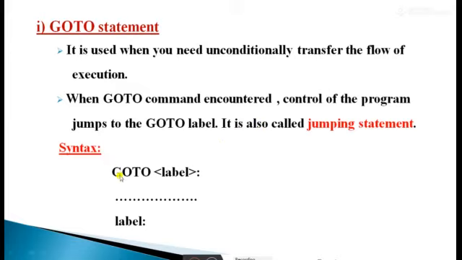I will explain. GOTO, then label. The label may be a letter or word, or it may be a number. In between the GOTO label and the label we can use some statements. Then the label. So when the GOTO label command is encountered, immediately the control will jump to this label.